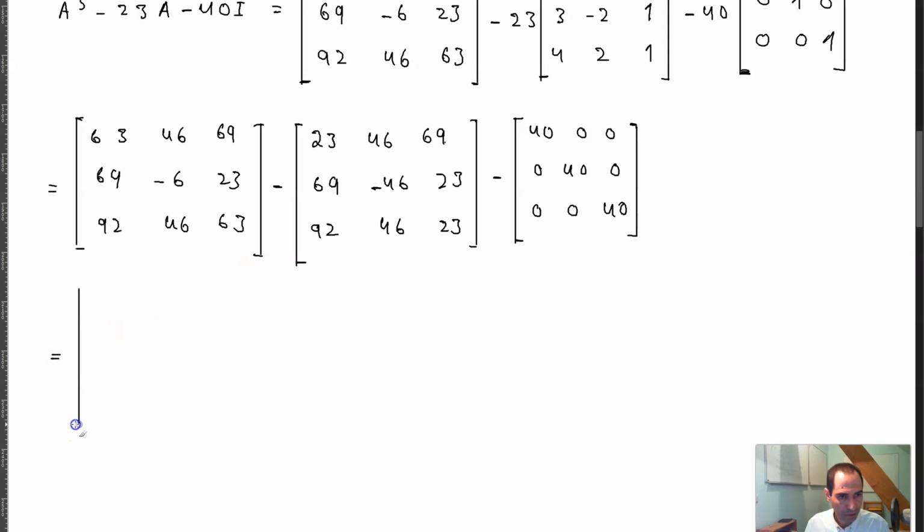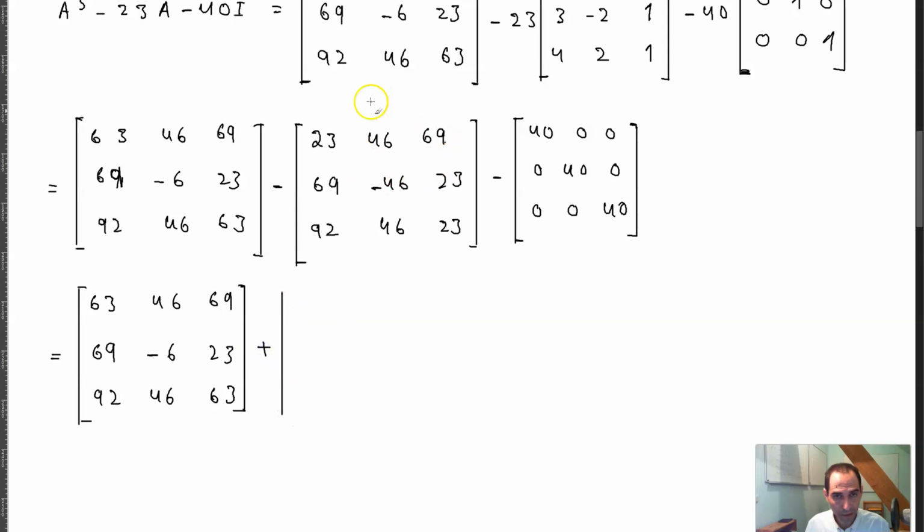So I can write this as 63, 46, 69, 69, negative 6, 23, 92, 46, 63, plus the negative of this matrix: negative 23, negative 46, negative 69, negative 69, 46, negative 23, negative 92, negative 46, negative 23.